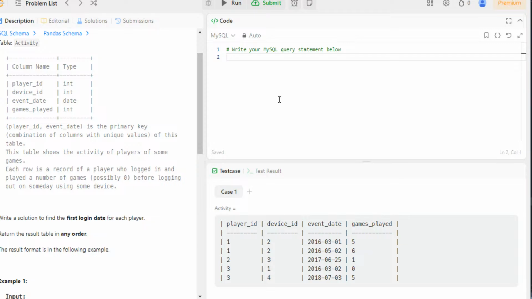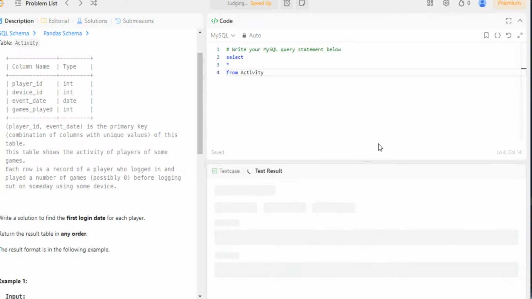The table's called activity. So let's just go ahead and take a peek at it. Select star from activity. Let's just take a peek and get started.